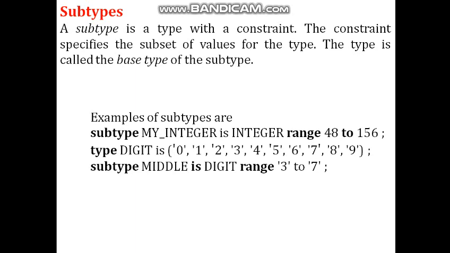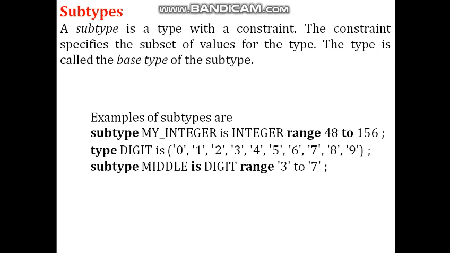Now, a subtype is a type with a constraint. The constraint specifies the subset of values for the type. The type is called the base type of the subtype. An object is said to belong to a subtype if it is of the base type and if it satisfies the constraint.